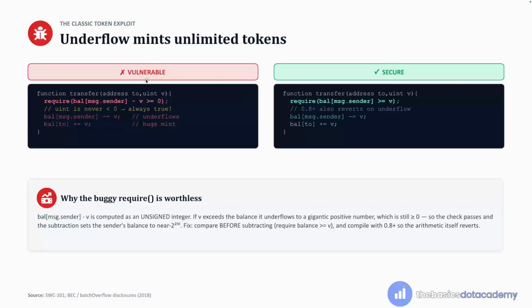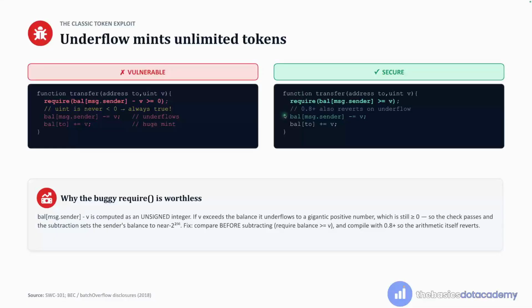Now coming to the secure part of this, here we have a transfer function. Since we know that uint will never be less than 0, the correct check would be that the balance of msg.sender must be greater than or equal to v. In this case, if the balance is 0 and v is passed as 1, this check will be false, hence this will be reverted because the required condition fails.